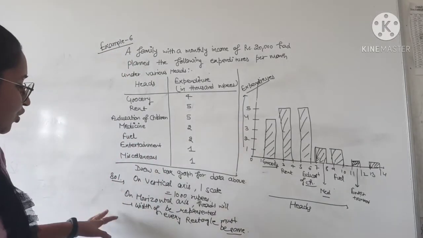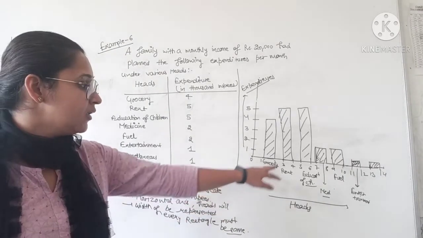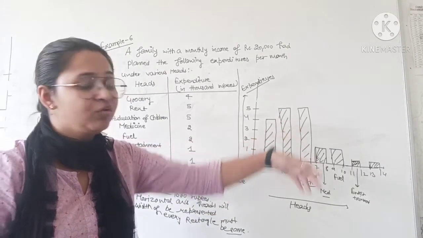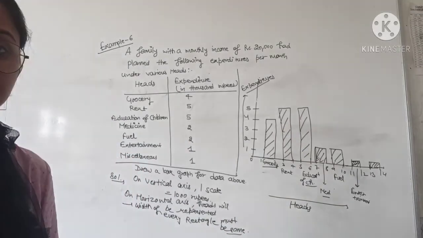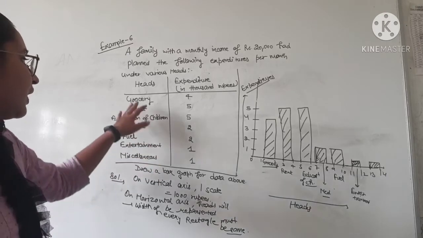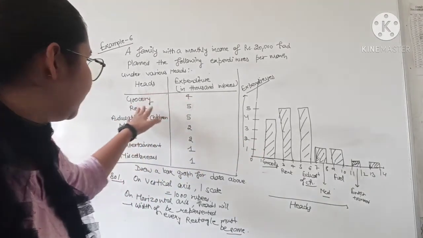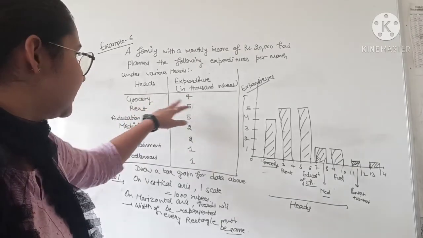Just make sure that the width of every rectangle is the same and there is a gap between two rectangles. And why do we leave the gap? Because the class intervals are not continuous. We have random data: grocery is this, rent is this.